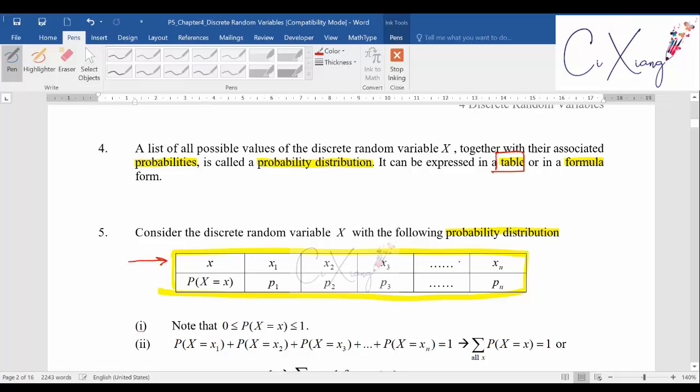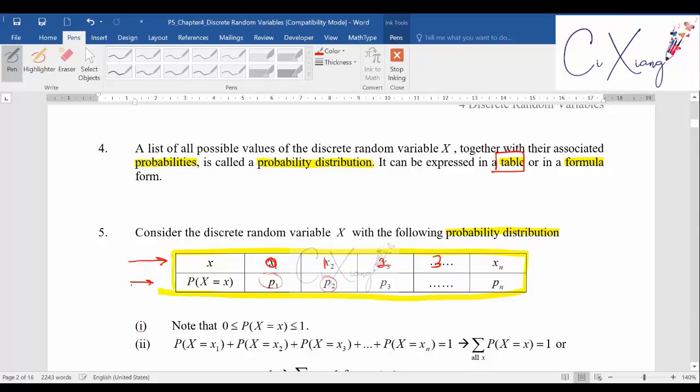As an example, in part 2 of example 1, x is equal to 0, 1, 2, and 3, so you put 0, 1, 2, and 3. Then in the second row, you put the probability of each value. What is the probability of getting all tails, that means no head? What is the probability of getting 1 head, 2 tails, and so on?